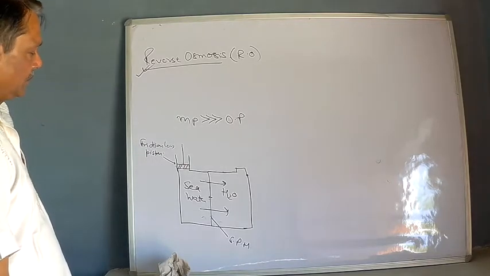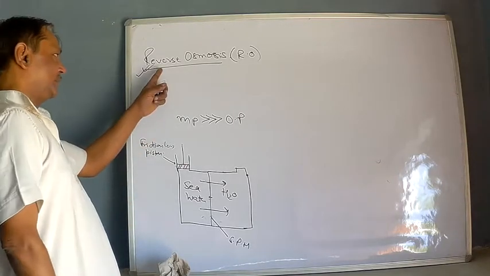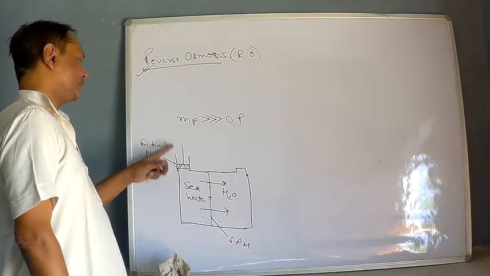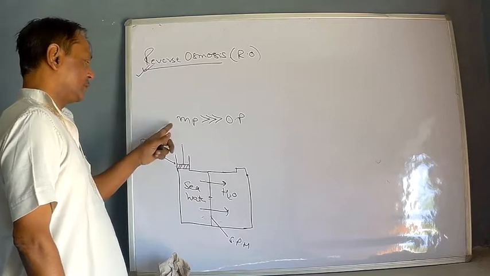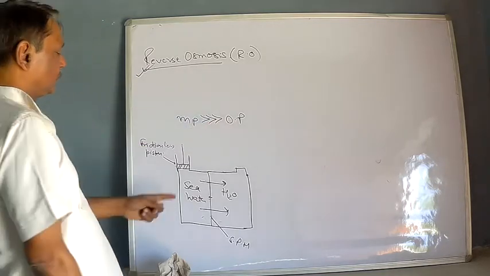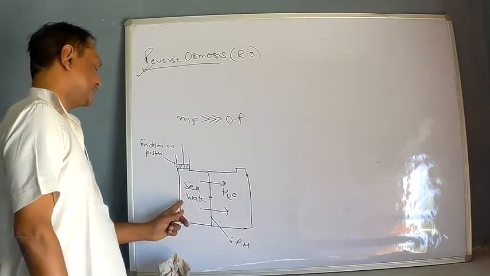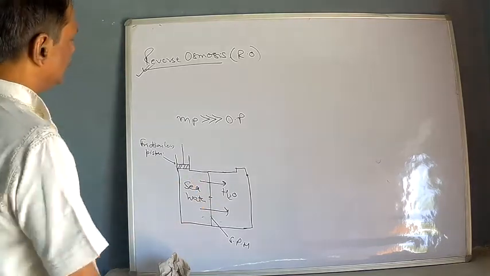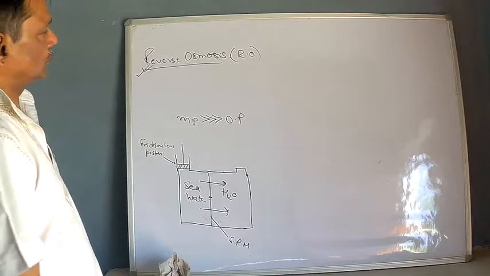I repeat again. How can we define reverse osmosis? When mechanical pressure becomes much greater than osmotic pressure, then water starts moving from higher concentration to lower concentration, and the process of osmosis gets reversed. Therefore, it is called reverse osmosis.